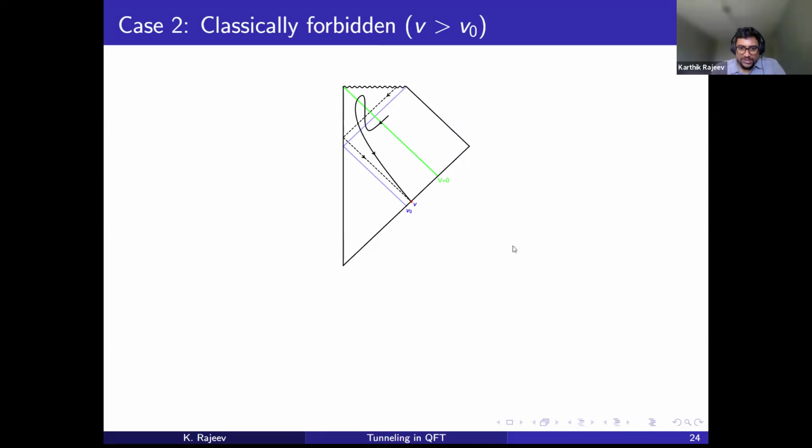The reason is, if you had naively thought of solutions that start from V for V greater than V naught and tried to evolve it forward, it would go inside and then reach the singularity like so, right?